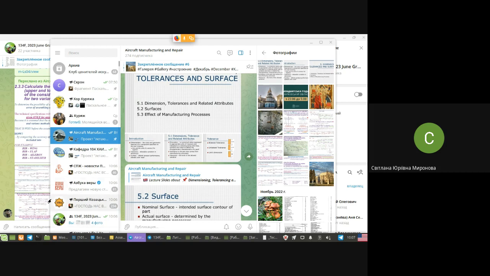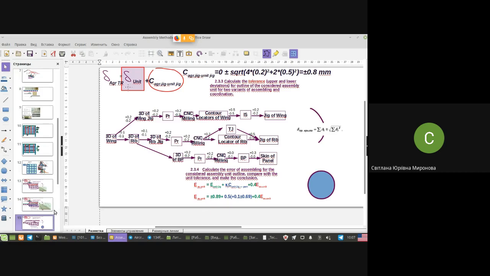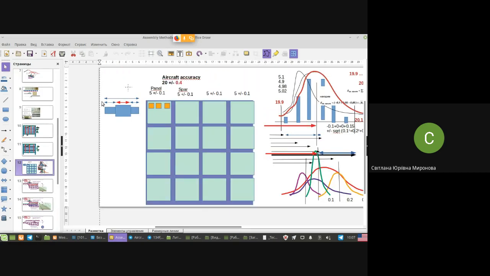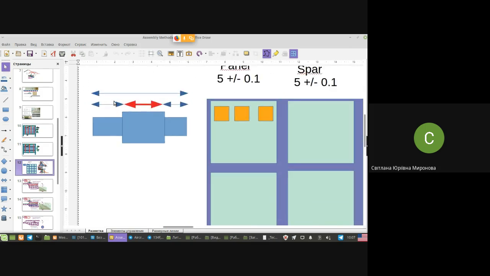Here, for instance, is a dimension which shows the size between the left side and the right side. In real life, this dimension may be less than given in a drawing, or greater than given in a drawing. Now I will try to draw the line.